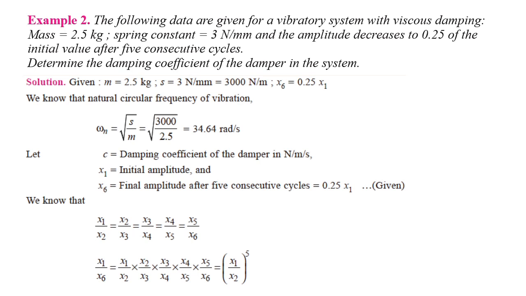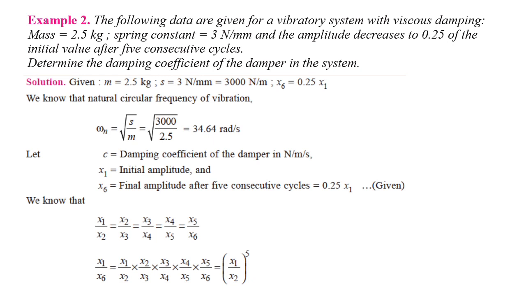So we should know the value of x1 upon x2 first. You can find that by the relation given in this problem, x6 is equal to 0.25 into x1. Here we know that x1 upon x2 is equal to x2 upon x3 is equal to x4 upon x5 is equal to x5 upon x6. These values are all constant. Therefore x1 upon x6 can be given as x1 upon x2 into x2 upon x3 into x3 upon x4 into x4 upon x5 into x5 upon x6.